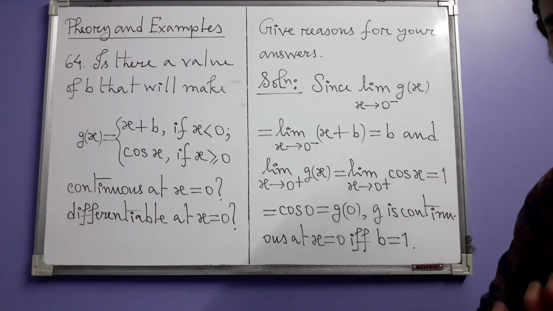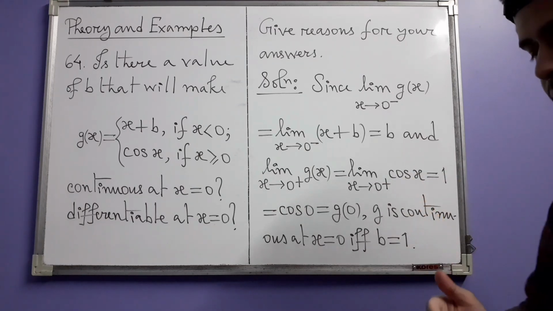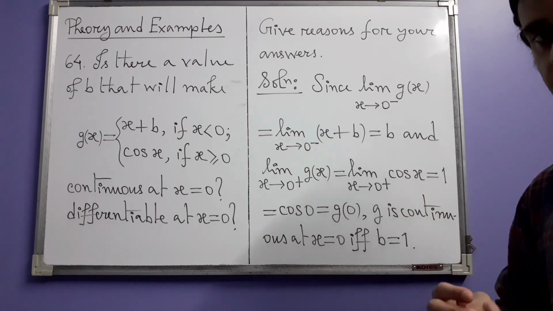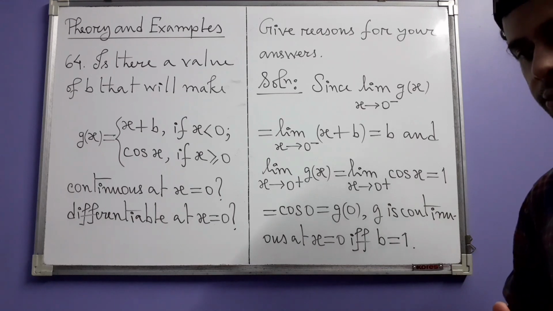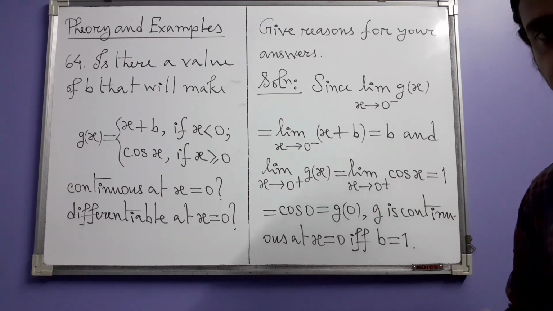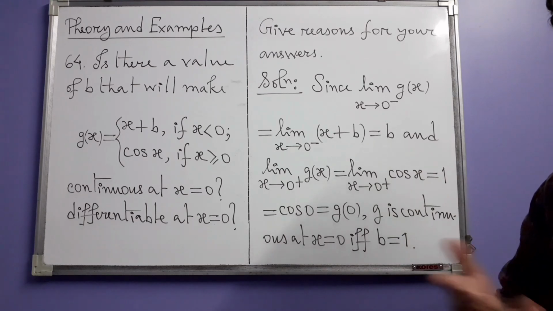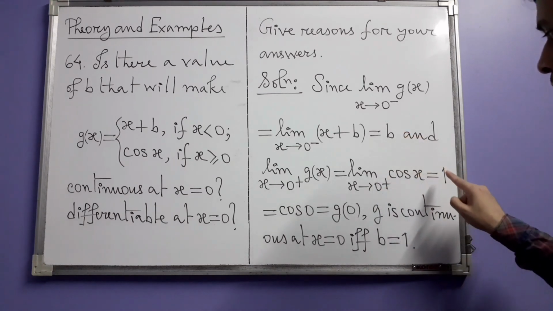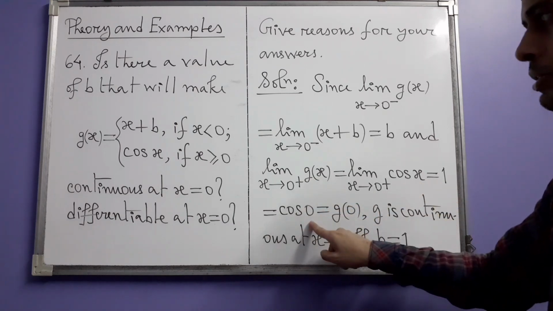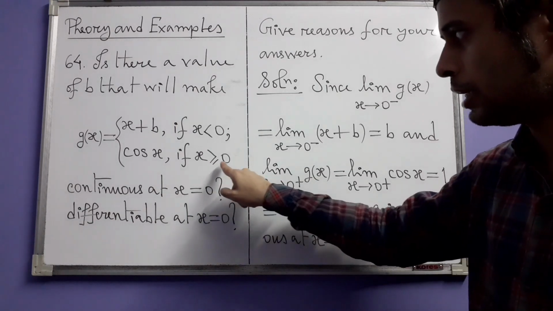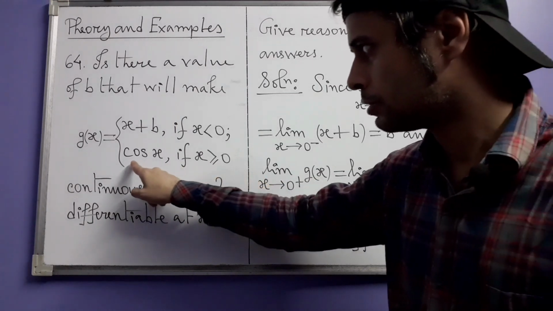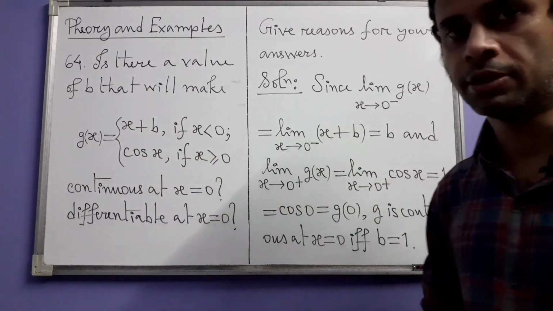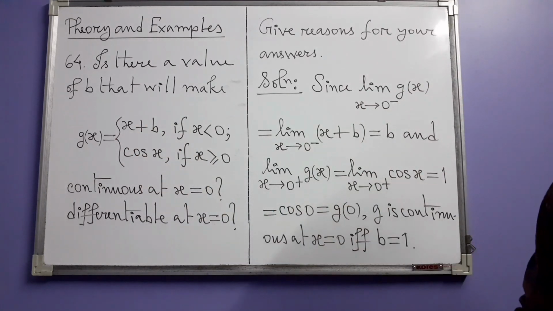Here we are talking about the right hand limit, but actually the two-sided limit of cos x at x equal to 0 is cos 0, because the cosine function is continuous at x equal to 0. Actually it's continuous everywhere. So in particular the right hand limit also would be equal to 1, which is equal to cos 0. But note that when x is 0, then also cos x is g of x. So g of 0 is also cos 0.